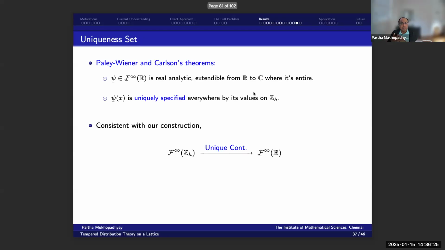That is consistent with our construction, because that is what we wanted: a set of lattice functions and a set of continuum functions in one-to-one correspondence, where giving one uniquely fixes the other. That is the unique continuation that I talked about earlier. So Carlson's theorem is consistent with that. It says that psi lower bar has the same amount of information that psi has, which is a lattice field configuration.